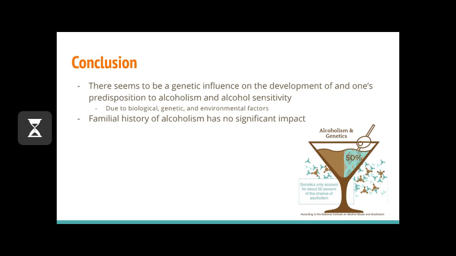When we read the studies, we found that some of these factors included serotonin transporter genes, early life stressors, aldehyde dehydrogenase genotypes, and other various gene variants that contribute to one's likelihood of having decreased sensitivity to alcohol, which could lead to an increased risk of developing alcoholism and alcohol dependence. Additionally, there seems to be no significant impact of having a family history of alcoholism, according to the studies that we read.